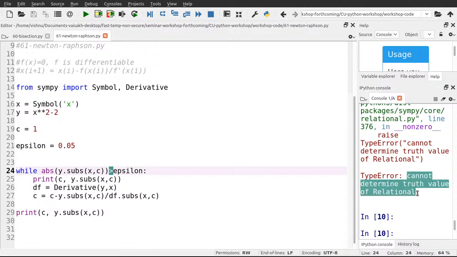Cannot determine truth value of relation. What's that? Just one second. It's a sympy error. Okay, let me just see.